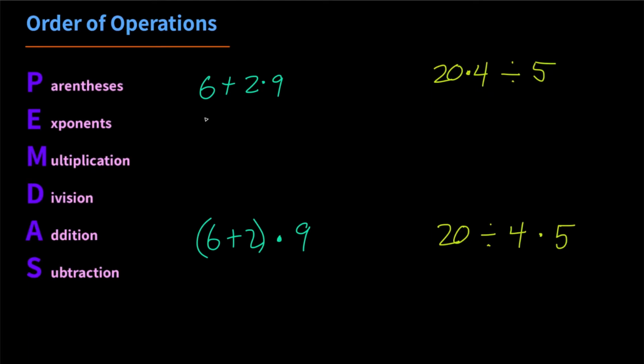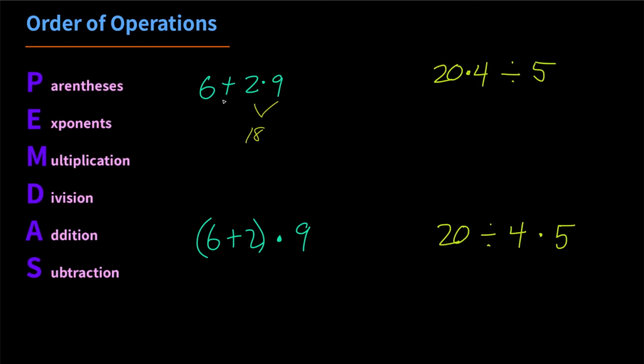Let's take a look at some examples to see how to apply the order of operations. We have this first expression, 6 plus 2 times 9. First, I'm checking for parentheses. We don't have any. Exponents, we don't have any. Multiplication or division, that means we need to multiply these two factors first. 2 times 9 is 18.